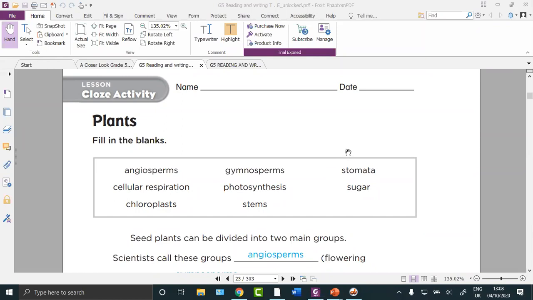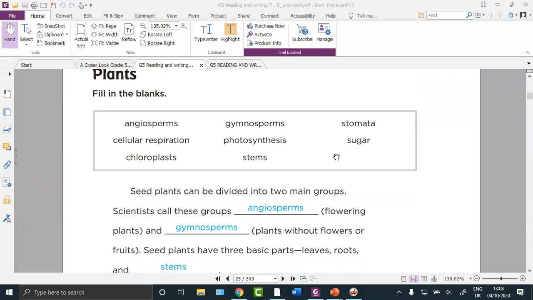Seed plants have three basic parts: leaves, roots, and stems. Thank you so much. Lower your hand. Can I answer, Mr.? Yes, you can. The function of leaves is to absorb sunlight to make sugars, a process called photosynthesis. Excellent. Thank you. Lower your hand, Wasim. Thank you.